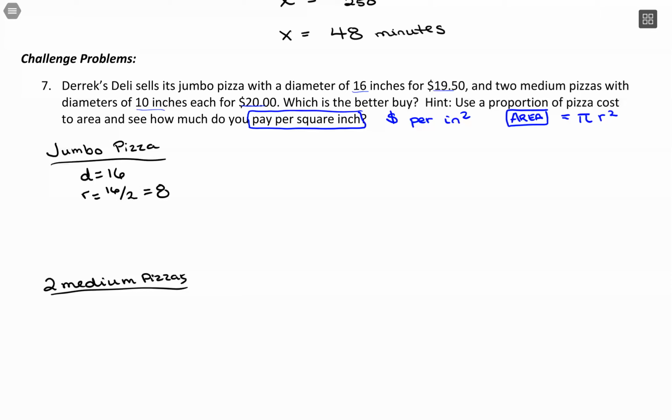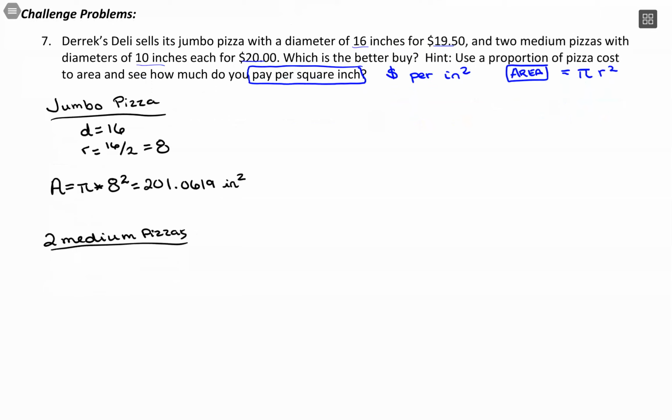So we have a radius of 8 inches. So for area, we're going to have pi times 8 squared. And when we put that in our calculator, that should give us 201.0619 square inches. And we'll just go to 4 decimal places for accuracy here, just so we don't allow too much error in. So there's area for the jumbo pizza.